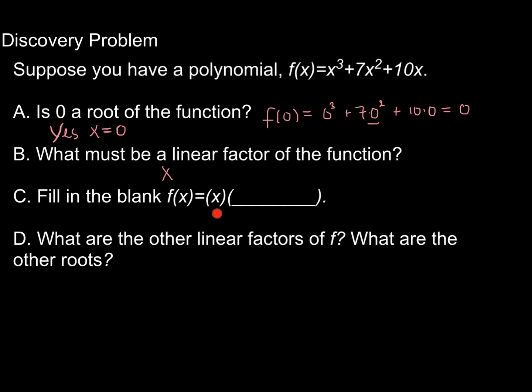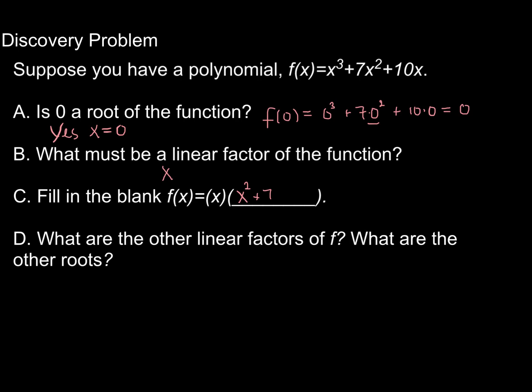This leads us to try and write the function f of x as this linear factor times whatever's left over. Well, if I'm going to be multiplying x times something, and I'm going to end up with x cubed plus 7x squared plus 10x, it doesn't make it too hard to figure out what the other terms need to be. x times what is x cubed? x squared. x times what is 7x squared?